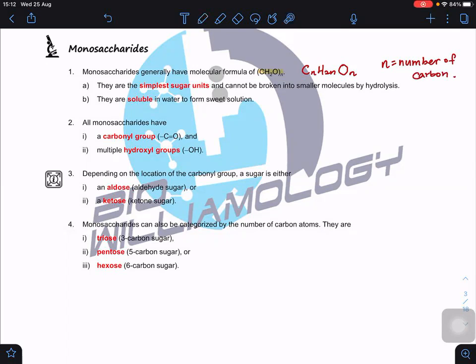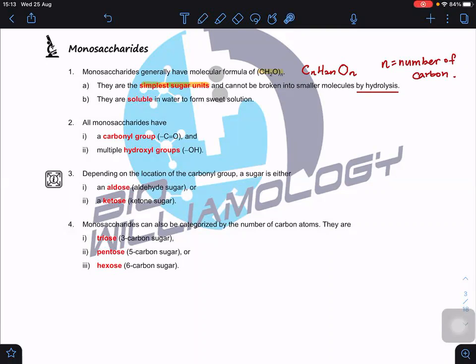Monosaccharides are the simplest sugar units. When we use the words simplest sugar unit, it means that we cannot break them down into smaller molecules, but highlight the words by hydrolysis. We can still break down a simple glucose molecule into even simpler ones, but not by hydrolysis; it's by oxidation processes or other kinds of reactions.